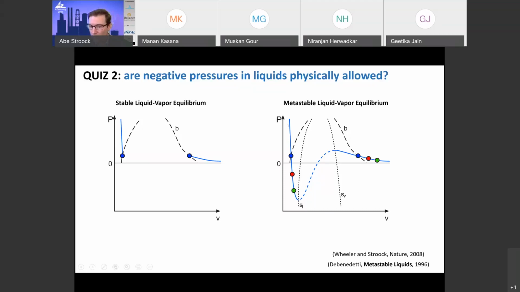This is all thermodynamically possible. And when we extend the vapor out to unsaturated conditions, larger molar volume, the liquid will try to stay in equilibrium with it by continuing to follow the liquid branch down.